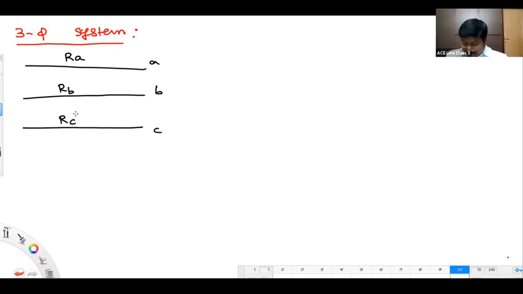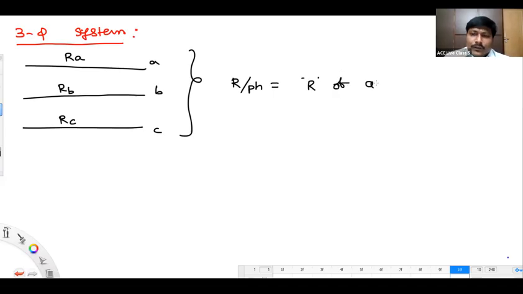We have to call only per phase resistance here. Per phase resistance is nothing but the resistance of any one of the phase conductors. Maybe you can say it is simply RE also. Okay, done.